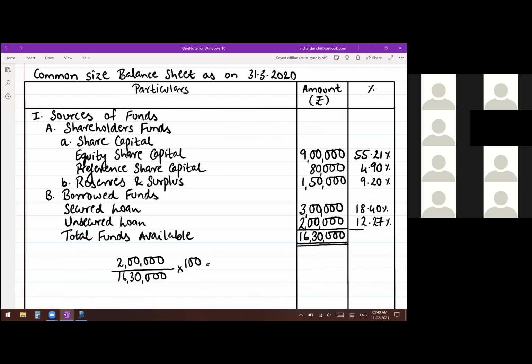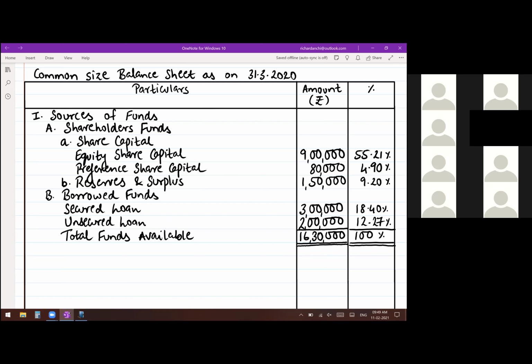And the total will be 100%. If you add up and check, your total should come to 100%. That's it. Sources of funds over.